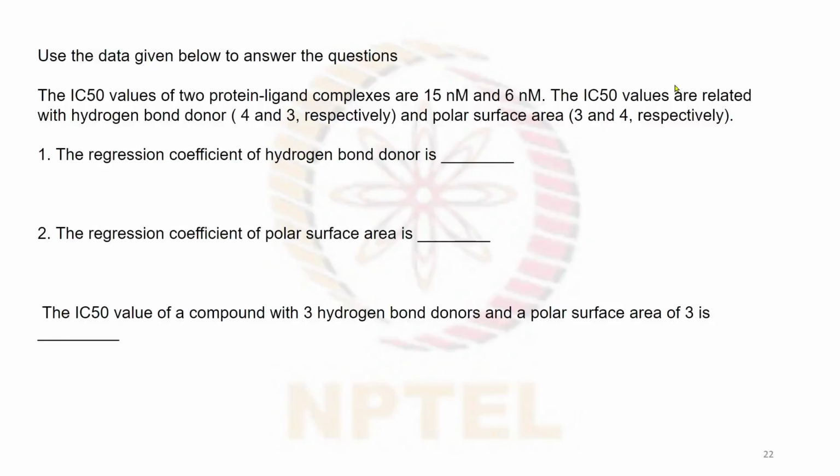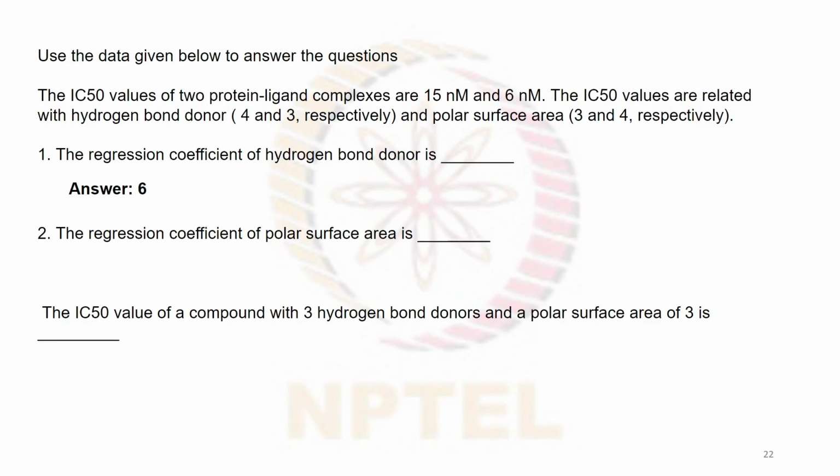So now we can answer. The regression coefficient for hydrogen bond donor is the x value we solved for, which is 6.